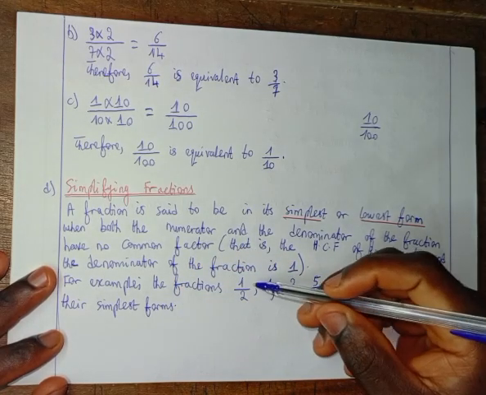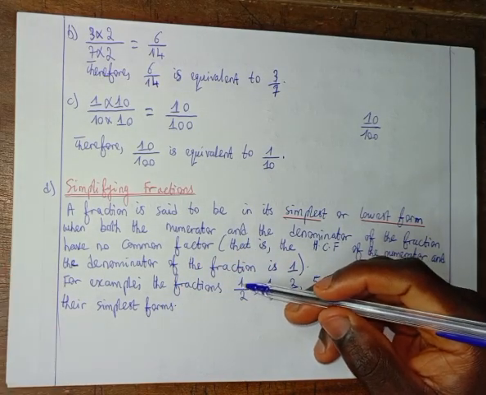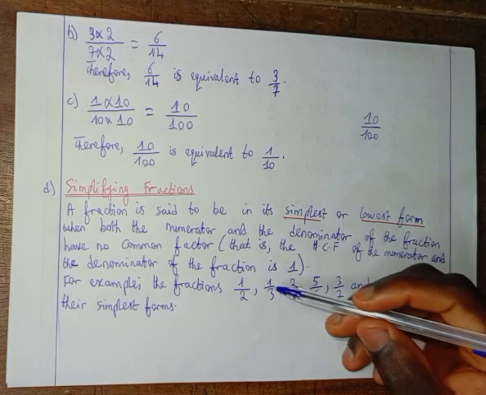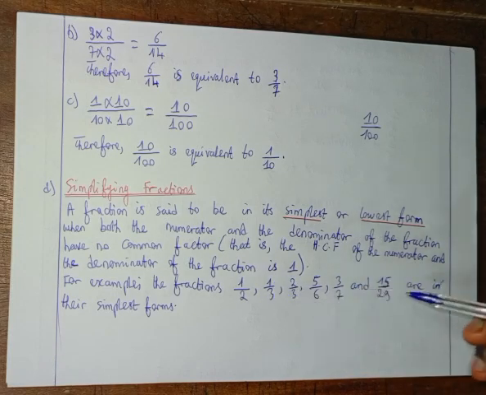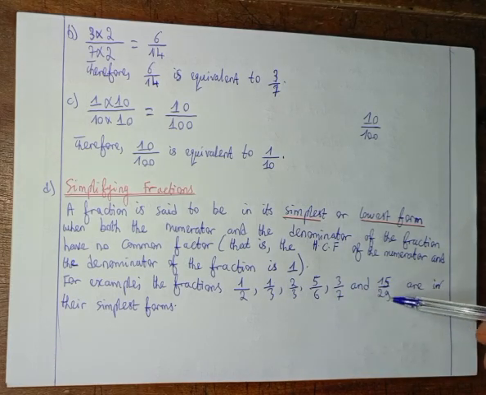If we look for the HCF of 1 and 2, it is 1. HCF of 1 and 3, 1. The HCF of 15 and 29 is 1. They are all in the simplest form.